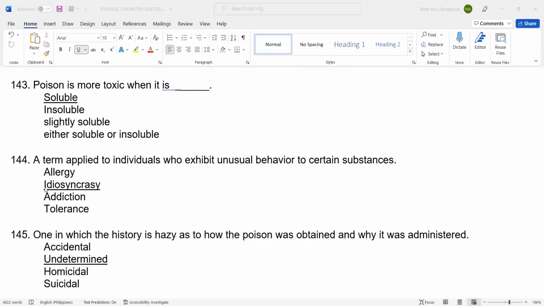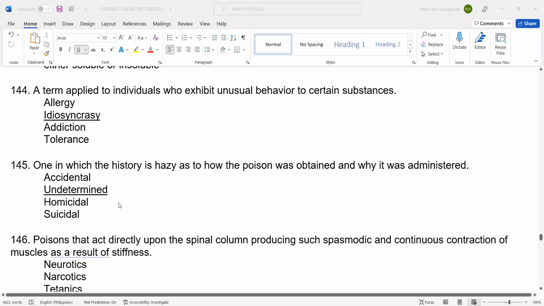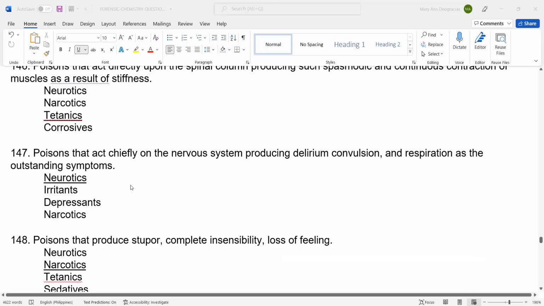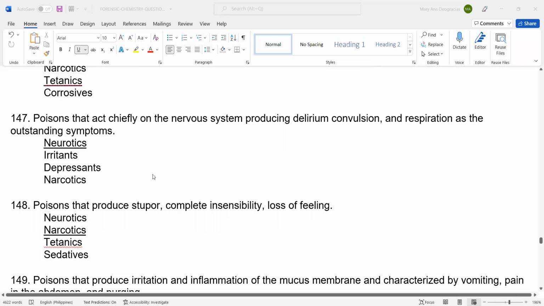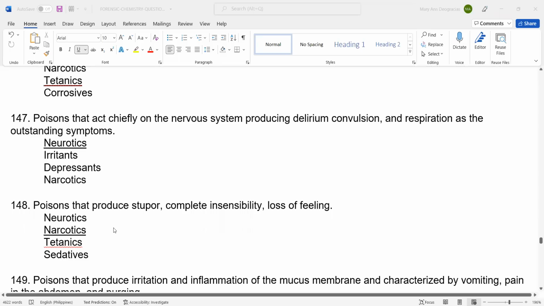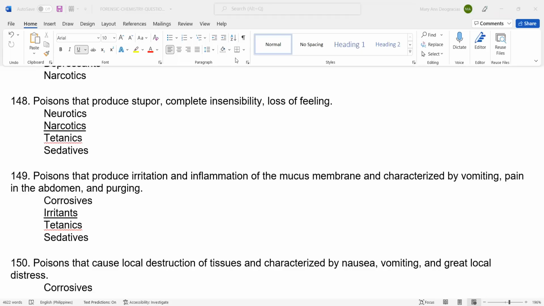Letter B. 145, letter B. I have not put letters on that. 146 is tetanics, letter C. 147 is letter A, neurotics. 148, narcotics. 149, irritants.